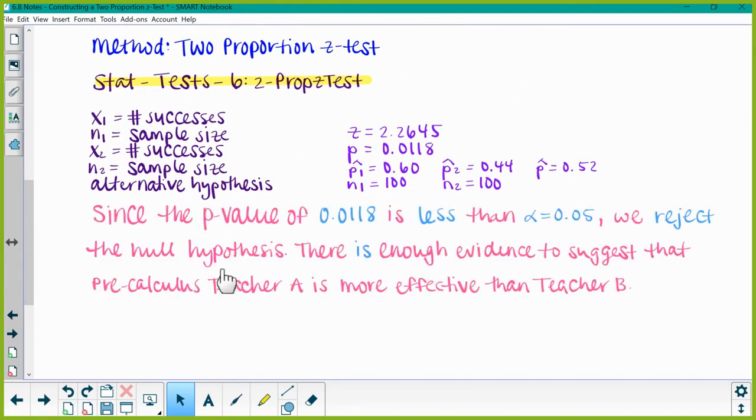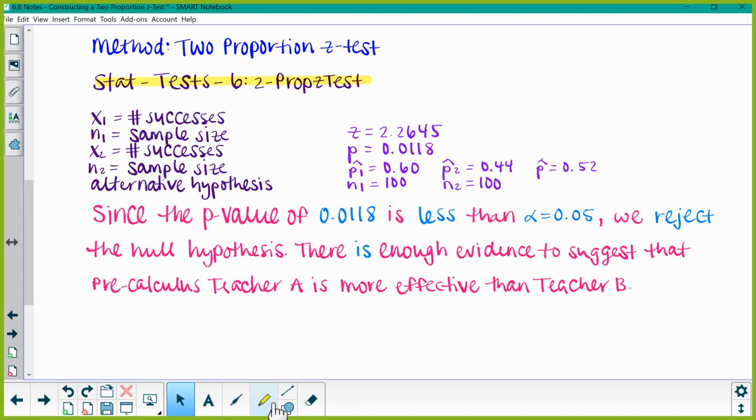Last thing I have to do is put it into context, make my decision. My p-value is only 0.0118, which is less than my alpha. P-value is low. We reject the null hypothesis.